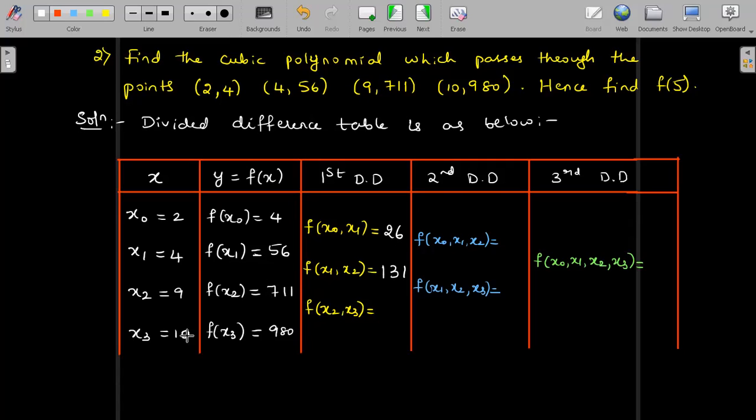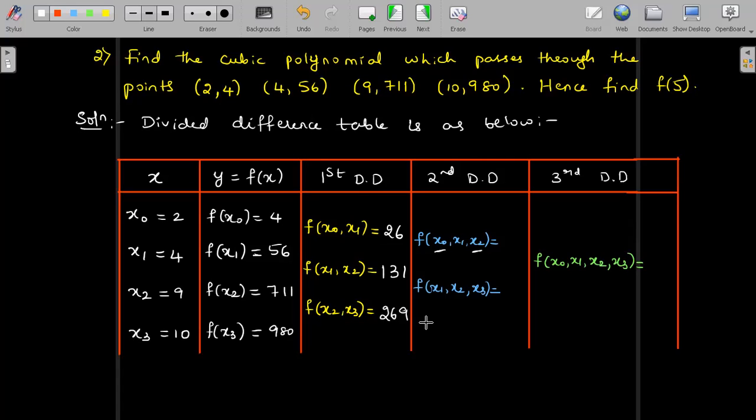980 minus 711 divided by 10 minus 9, and this is going to give us 269. Similarly, second order divided differences can be obtained. This is 131 minus 26, the difference of the first order divided differences. So 131 minus 26 divided by extreme values, x2 minus x0.